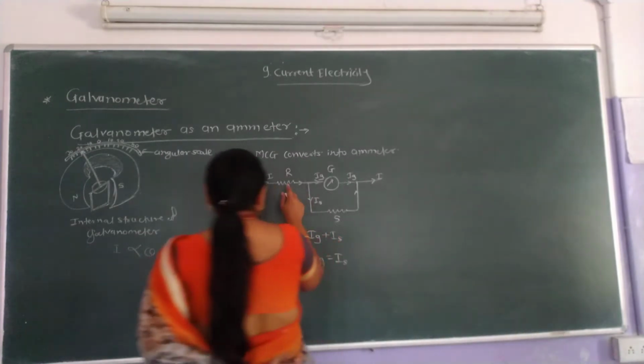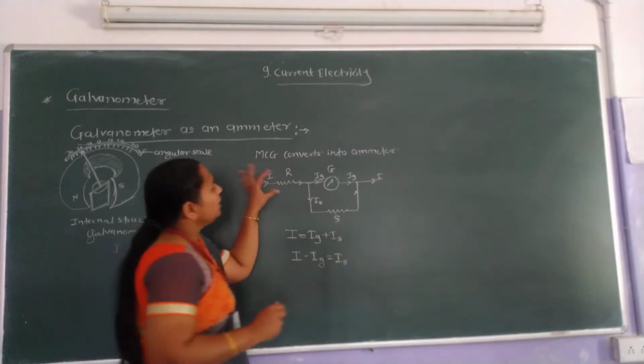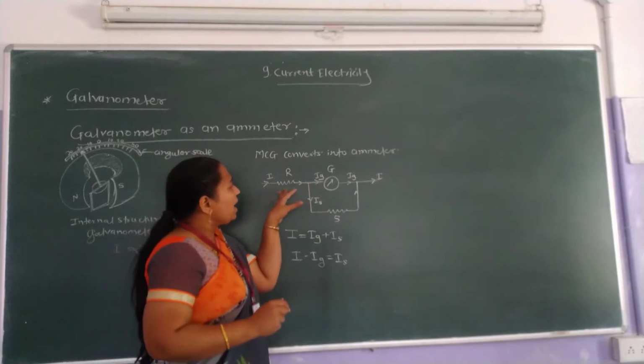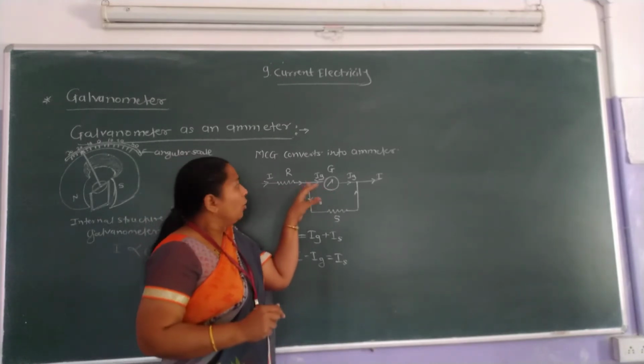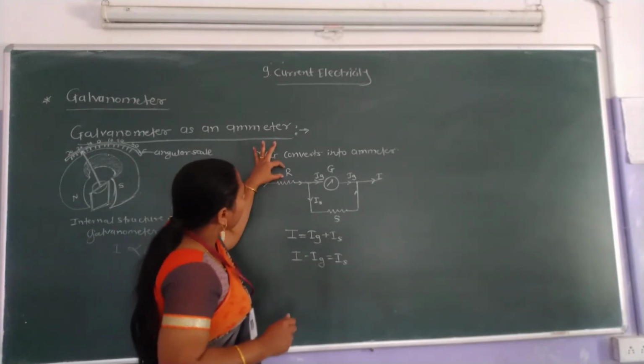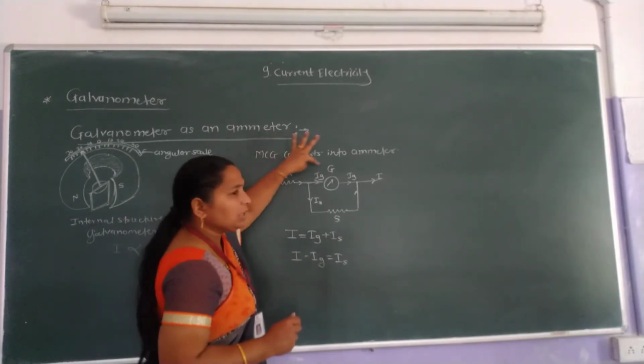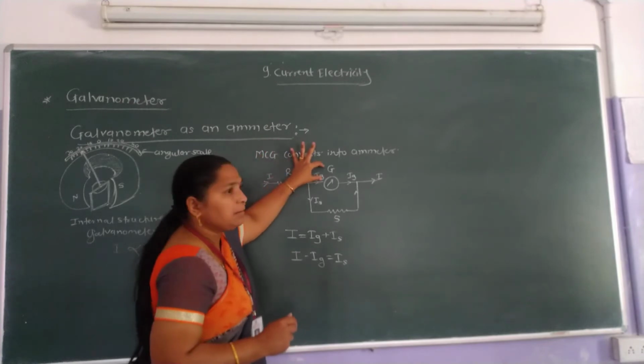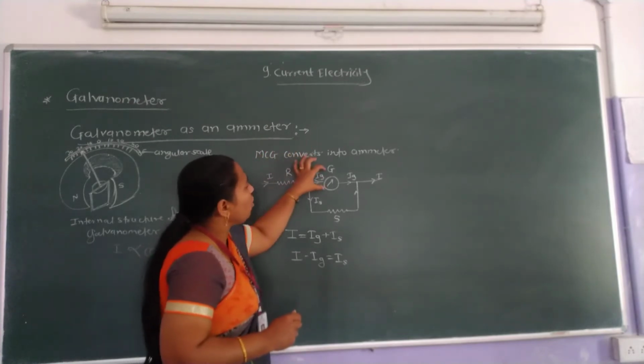If a resistance R is connected in series, the current I flows through the resistance R plus G. That resistance increases, therefore no damage to the galvanometer.